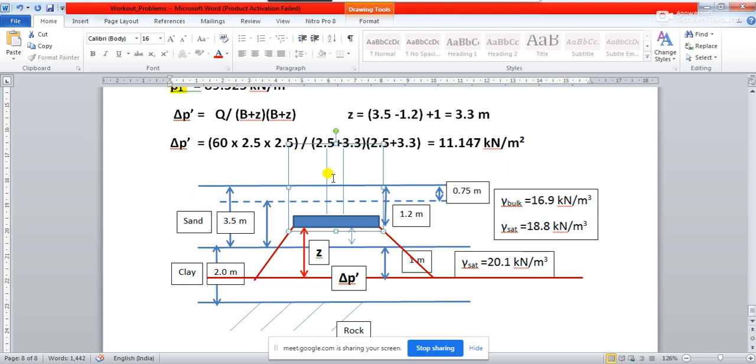It may not be very important from the perspective of your immediate university exam. You may be getting problems only for normally consolidated clay, but I have seen in GATE examinations as well as in engineering service examinations, some tricky problems come where you need to understand the concept of settlement calculation for over consolidated clay also. I have one slide for that in the presentation.